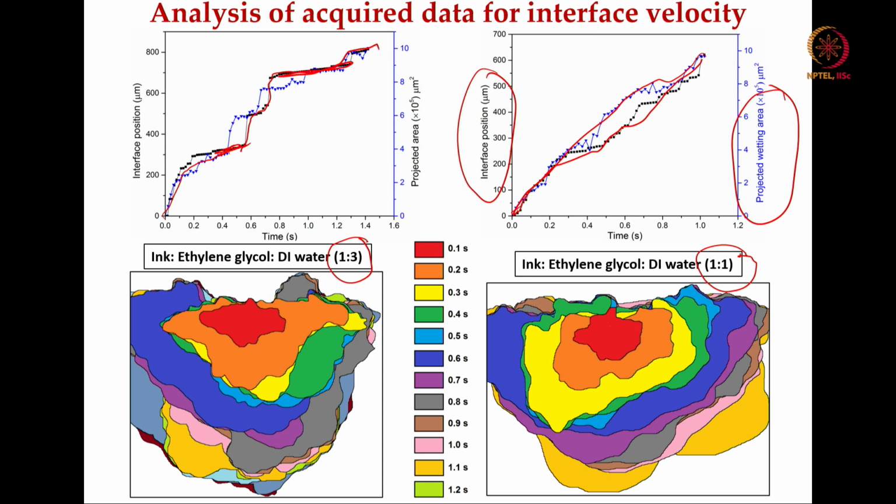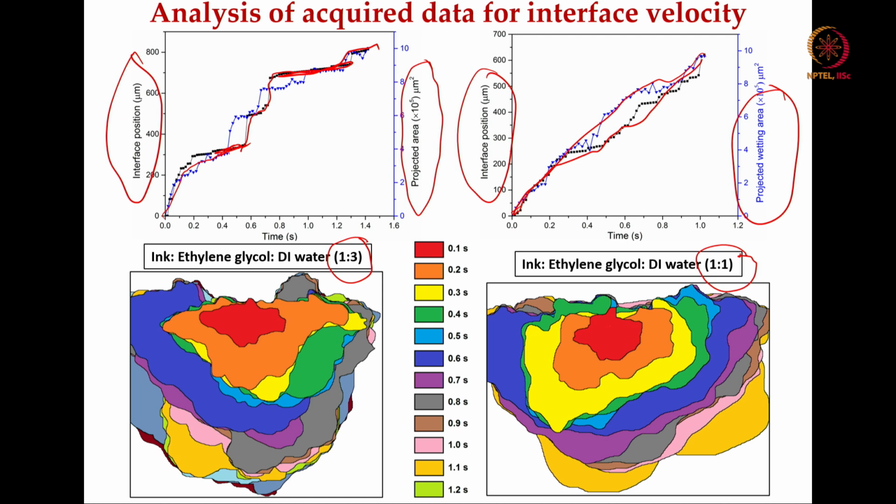So qualitatively, although there are no distinct differences in how the interface position and projected area increase with respect to time, the 1:3 is a little bit more sluggish in increase compared to the more steady increase that we have observed in the case of 1:1 ratio.